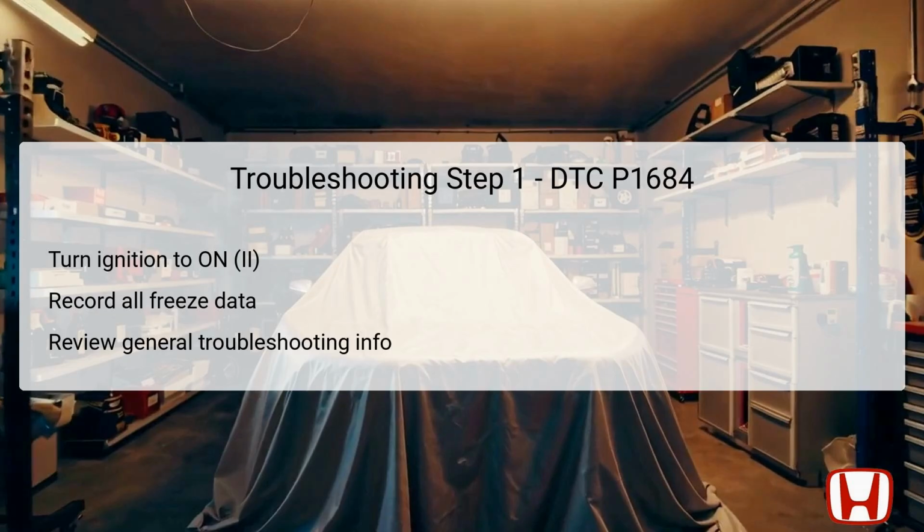Reviewing general troubleshooting information is also a foundational step that prepares the technician for the following diagnostics. This process gathers vital historical data, essential for effective diagnostics and remediation of the underlying issue suggested by the DTC. Taking these initial steps seriously ensures that no critical information is missed, setting the stage for effective troubleshooting ahead.